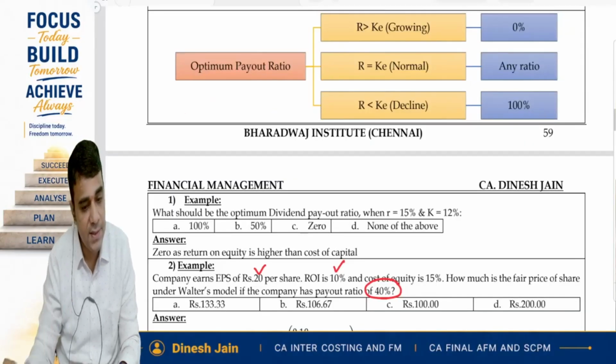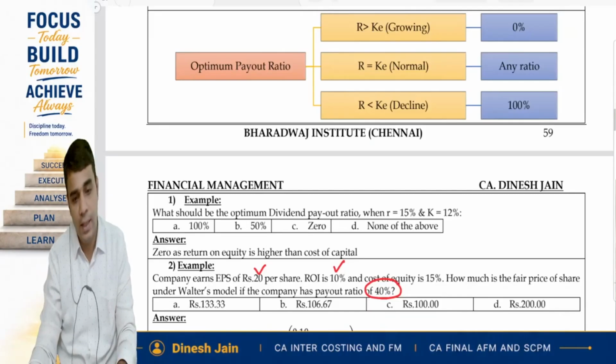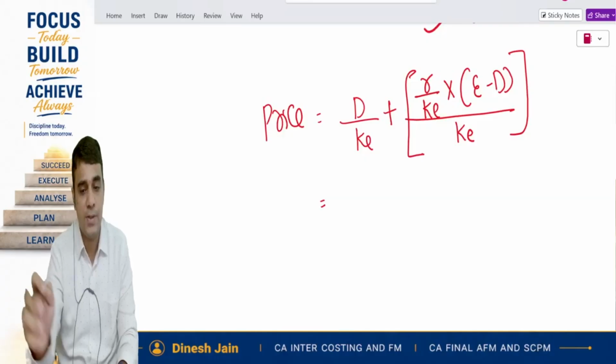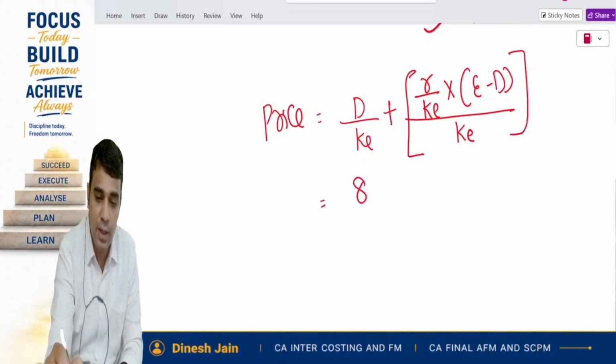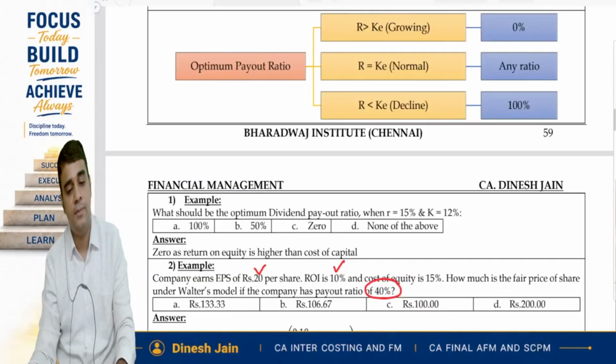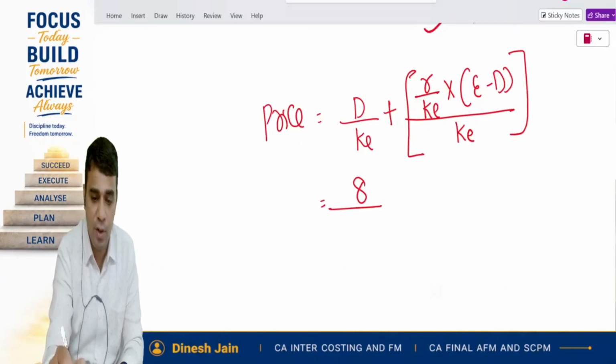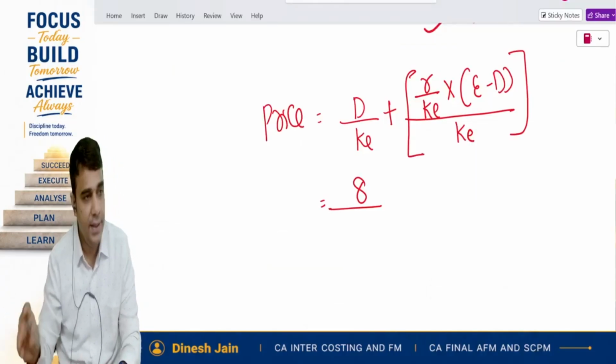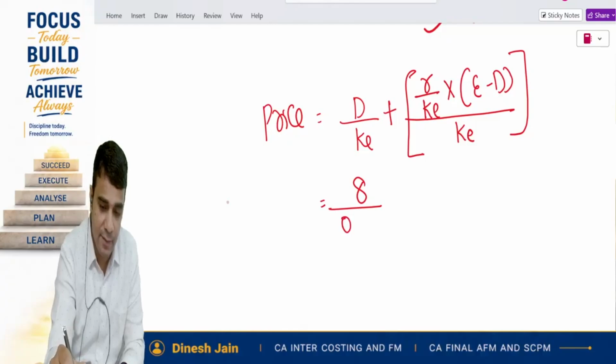How much is the earnings per share? Keep participating. Earnings per share is 20. Payout ratio 40% of this is how much? 8. What is the cost of equity? 15%. We normally write 0.15; even 15% you can write, it doesn't make any difference.